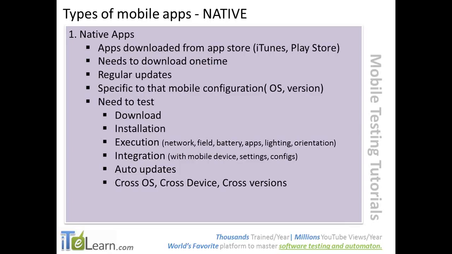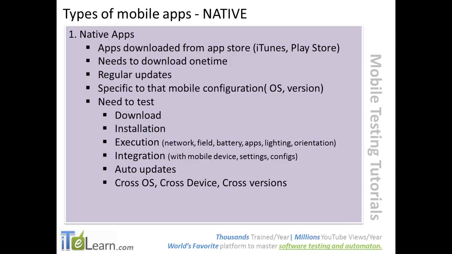So one is called native apps, the first one. Native apps are basically the applications that you're downloading from the marketplace of the provider. Okay, so Apple has the iTunes marketplace where you can log in.